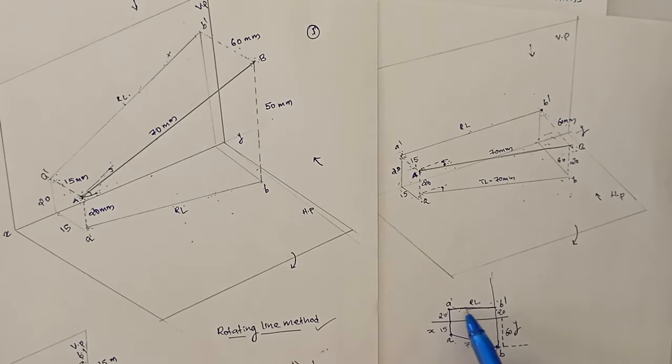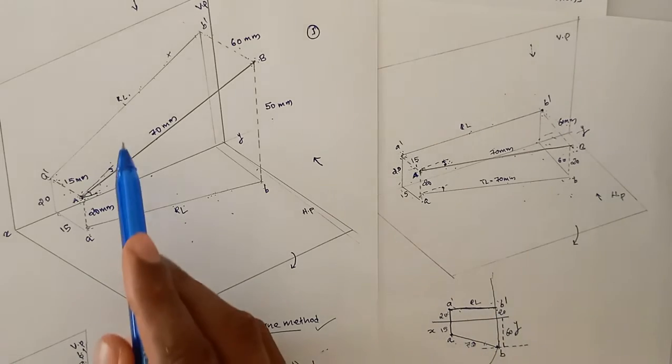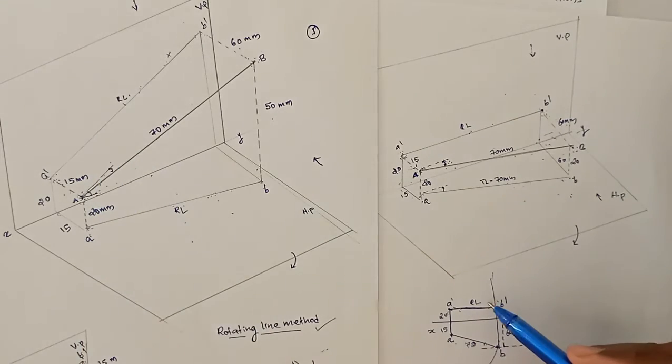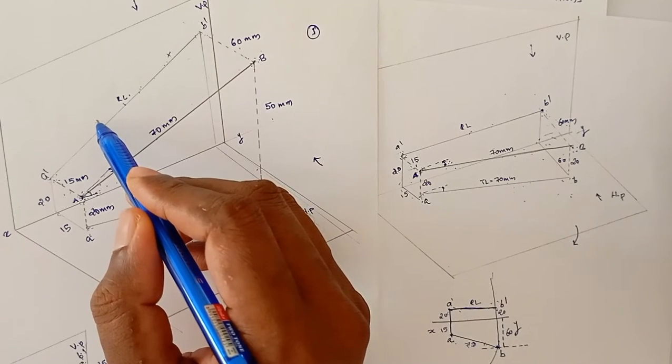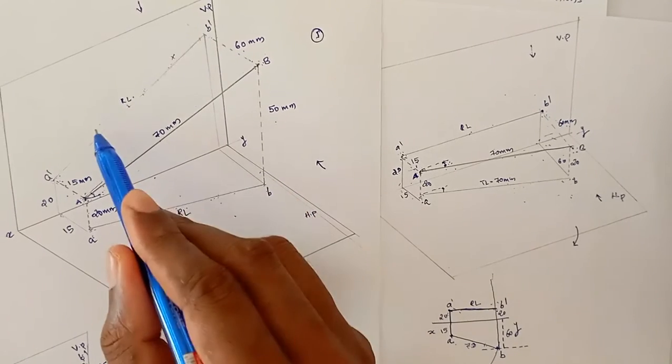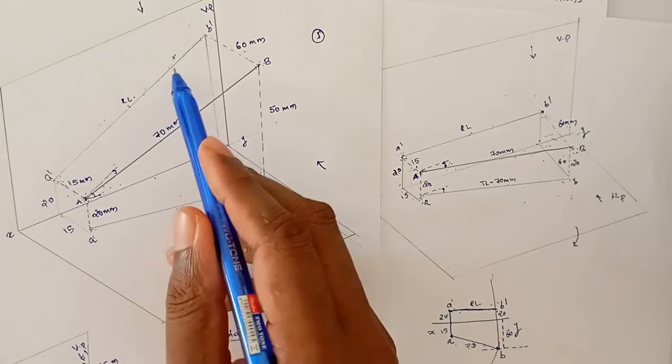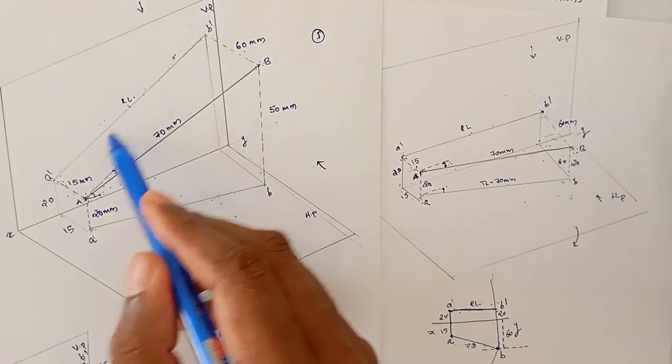So the reduced length, I am not talking about the position, I am talking about the length. This reduced length is equal to this reduced length. So we got the front view length of the original line, not the position, the length.